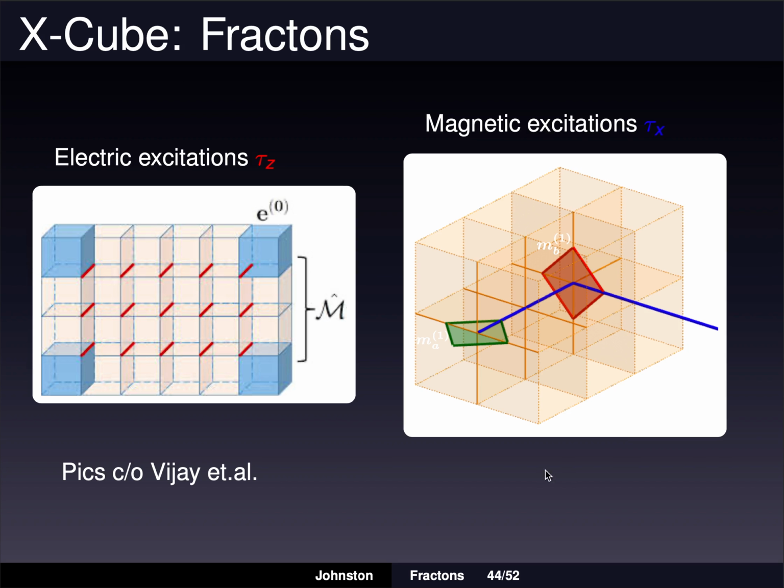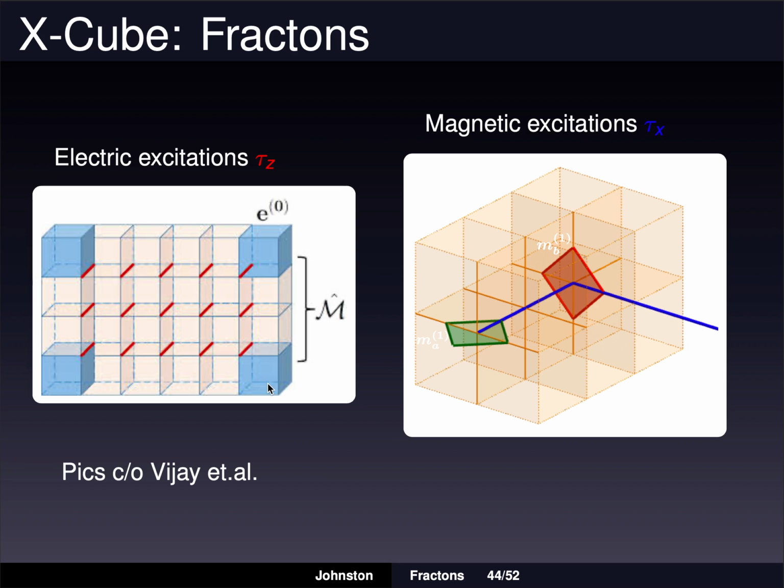So if I take a chunk of these Z's in a configuration like this, the electric excitations can only exist at the corners of this membrane, and they can't move anywhere. I've got to increase the size of the membrane to move these excitations outwards. It costs me energy to do that.